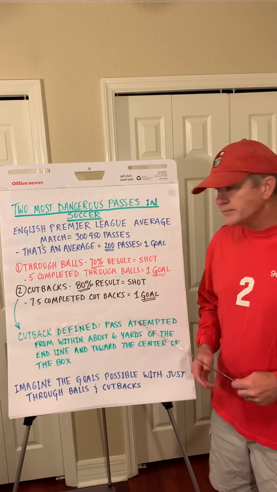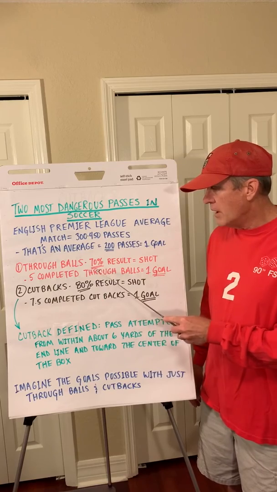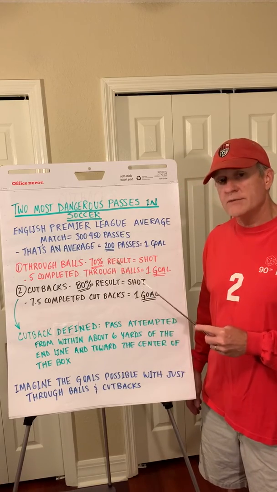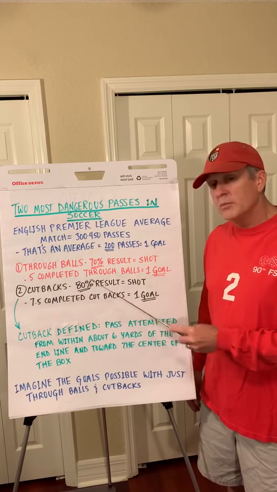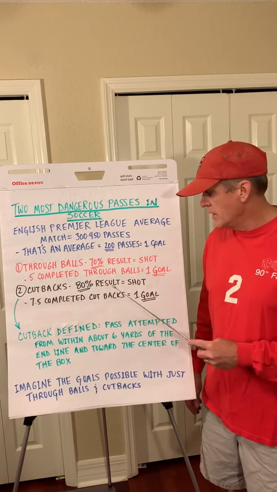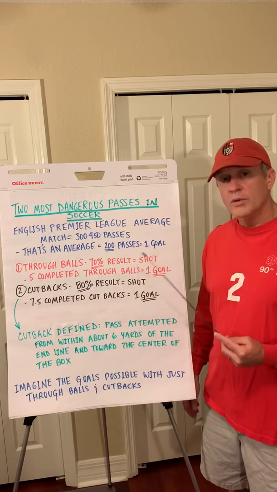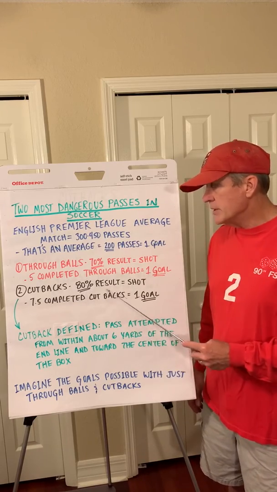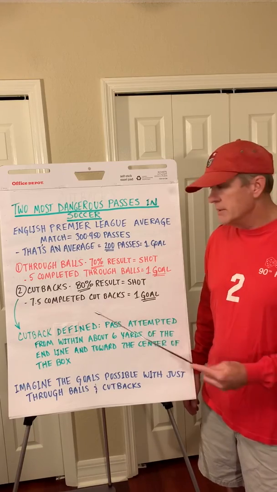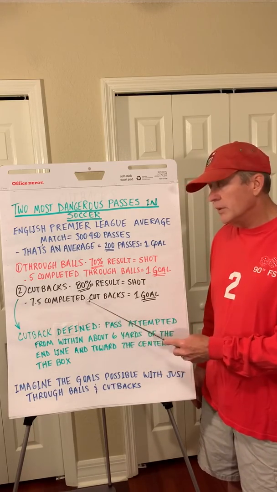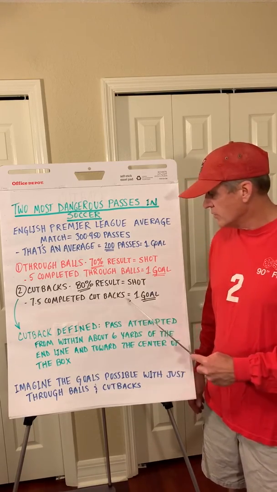So through balls. With through balls, about 70% of successful through balls result in a shot. And that means about 5 completed successful through balls resulted in a goal. With cutbacks, 80% of successful cutbacks result in a shot. So what that means is 7.5 completed successful cutbacks result in a goal.